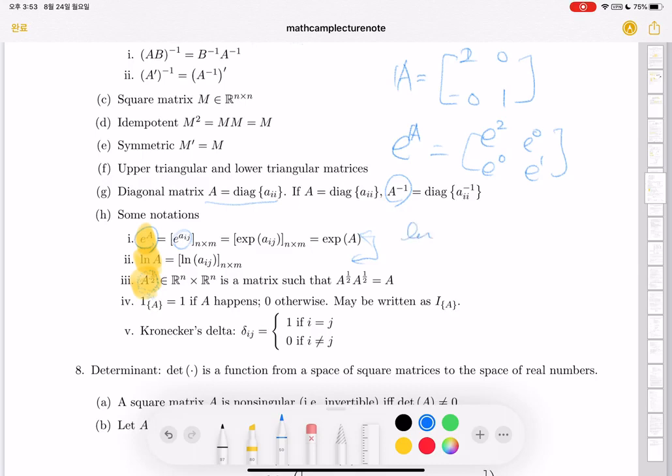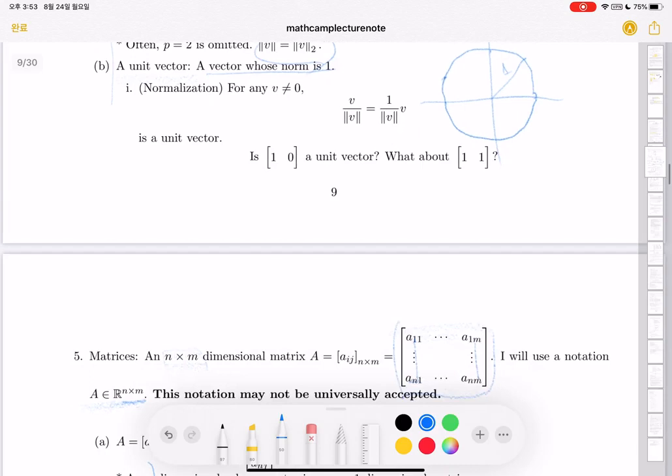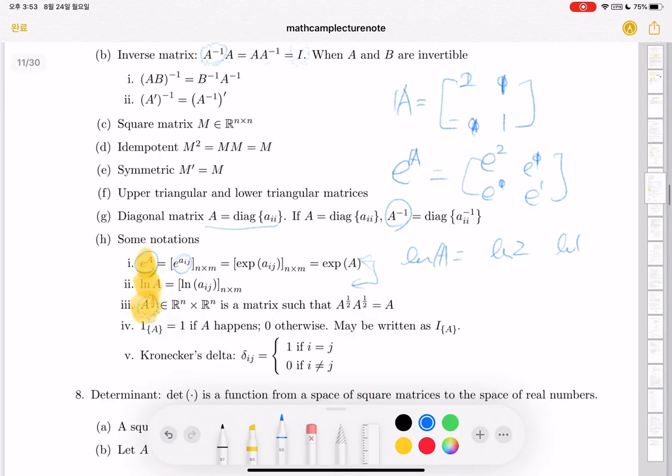Log of A, let's put here the matrix 2, 1, 1, 1. Log of A means log of 2, log of 1, log of 1, log of 1. By the way, log throughout the course is always natural log.